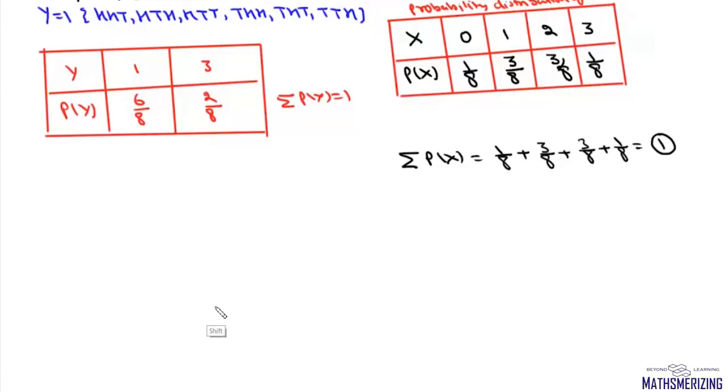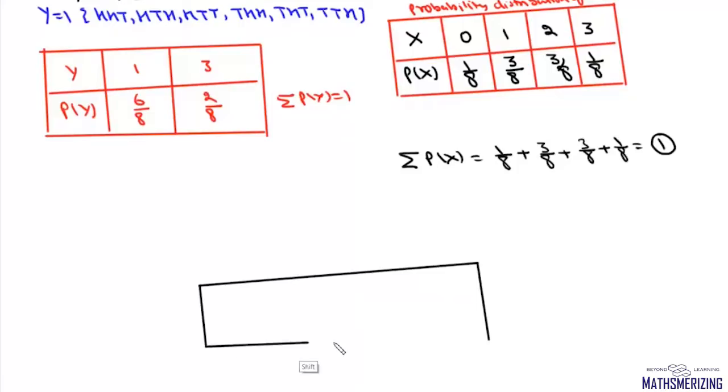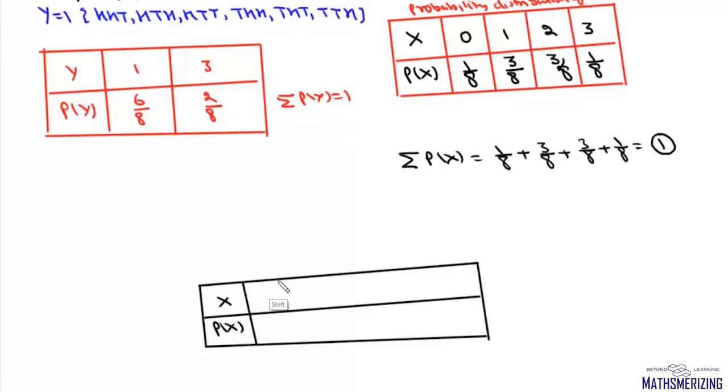So for any random experiment, we'll define a random variable, and for that random variable we'll create this table with x and p(x), and we're going to write values of the random variable with their corresponding probabilities.